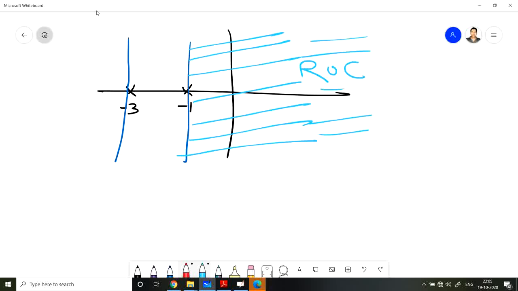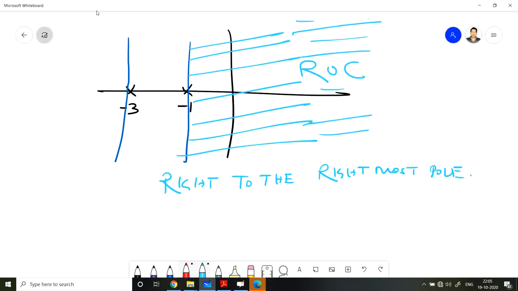So basically the ROC is to the right of the rightmost pole. So it can be easily seen that this x(t) is a right-sided signal.